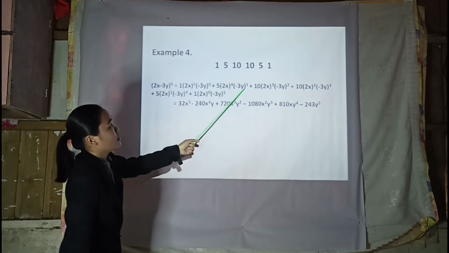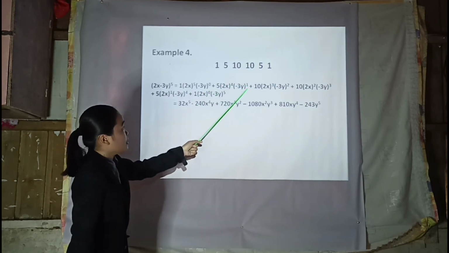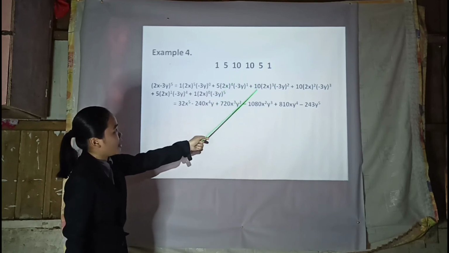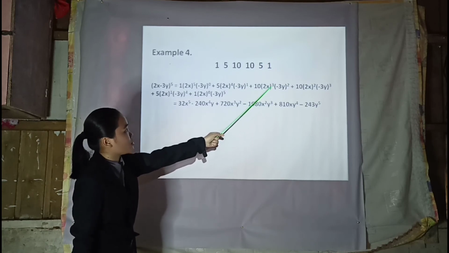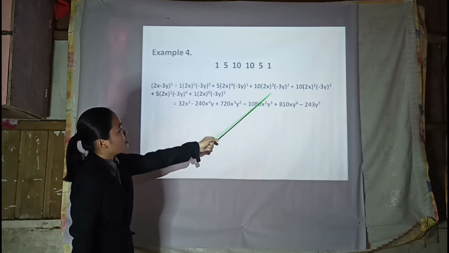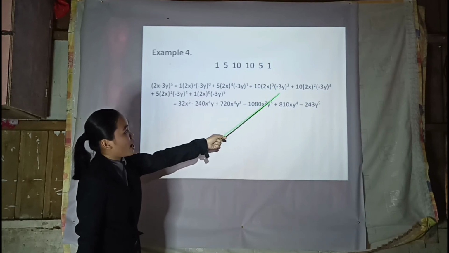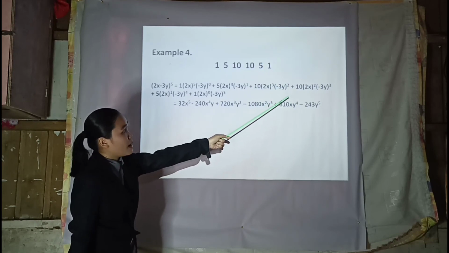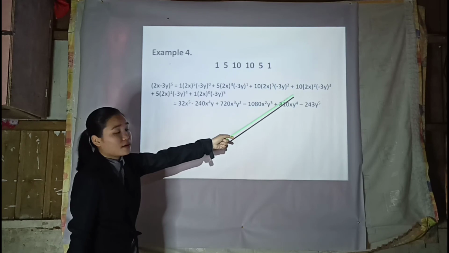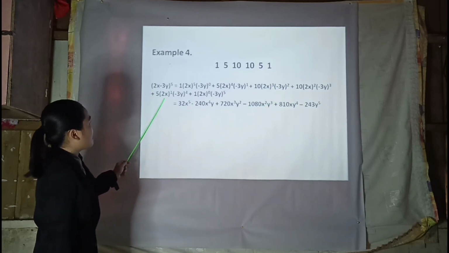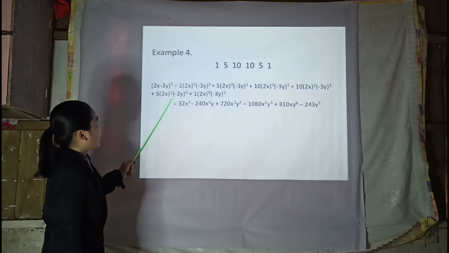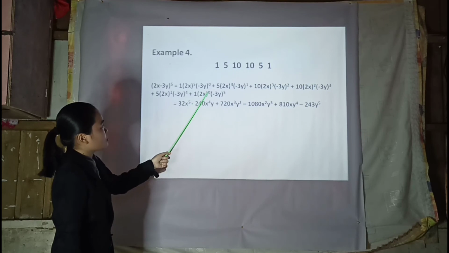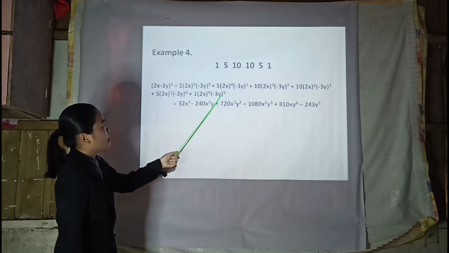So, from 0, in the next term, it will increase, plus 10 times 2x cubed times negative 3y squared, plus 10 times 2x squared times negative 3y cubed, plus 5 times 2x raised to 1 times negative 3y raised to 4, plus 1 times 2x raised to 0 times negative 3y raised to 5.